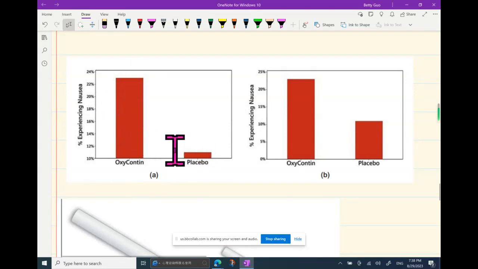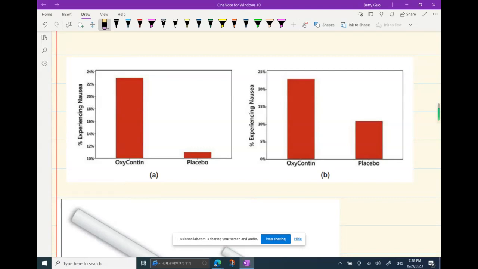And the height of this bar, the smaller one, is the number of participants in the experiment who took placebo and have the symptom of nausea. So as you can see, the one on the left exaggerates the difference between the 2 bars.